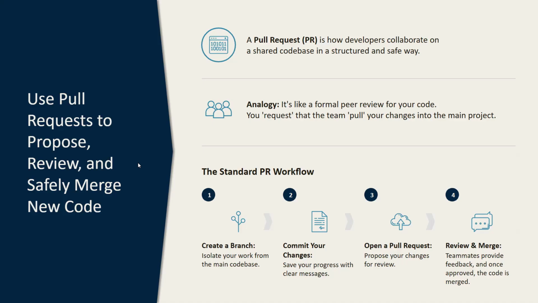This is where you propose your changes for review. And the last step is review and merge. This is where some teammates would look over your work, leave any feedback if needed, and once everything looks good, the changes are merged into the main branch. So the main purpose of a pull request is to make collaboration safer, cleaner, and easier to review.